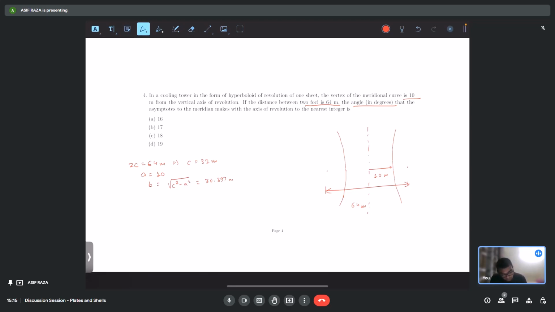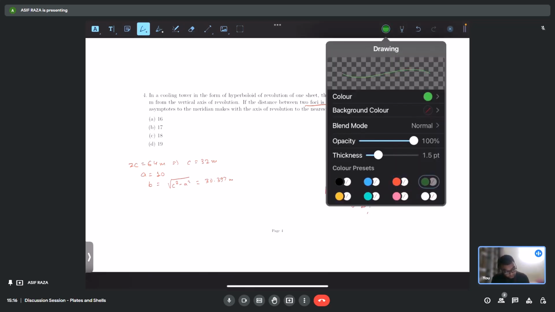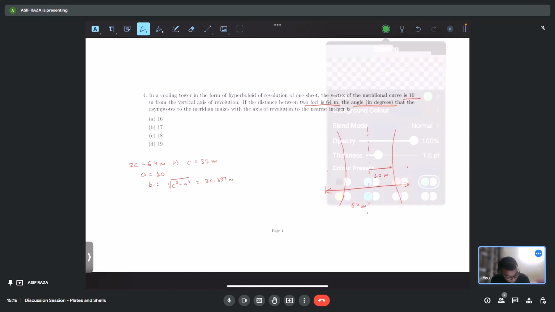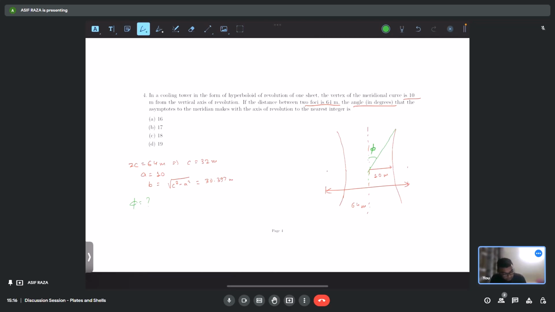Okay, so we need to find the angle made by the asymptote. If I take this angle as phi with the axis, we need to find this phi, right?